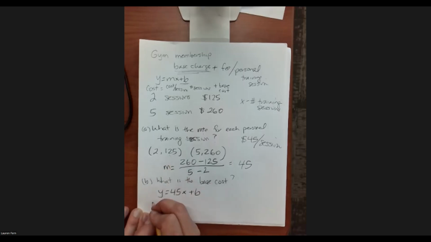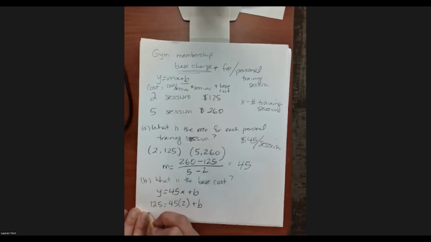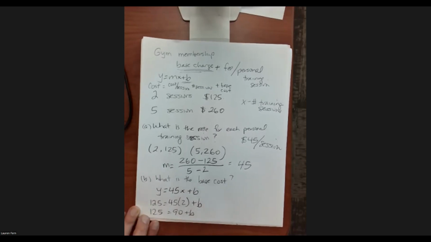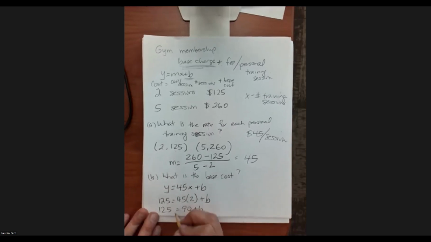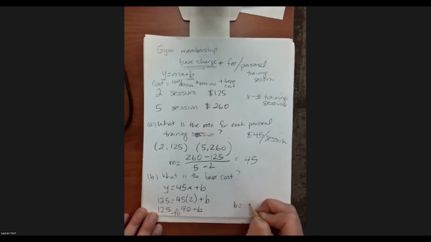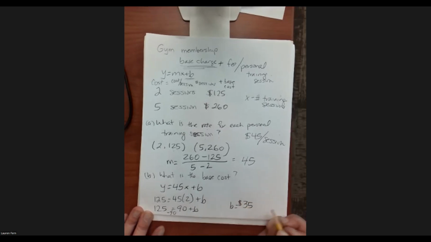I'll take this one just because it looks a little more tolerable. So we get 125 is equal to 90 plus b. We can subtract 90 from both sides, and what do we get b to be? 35. So apparently the base cost of this gym membership is $35 a month.